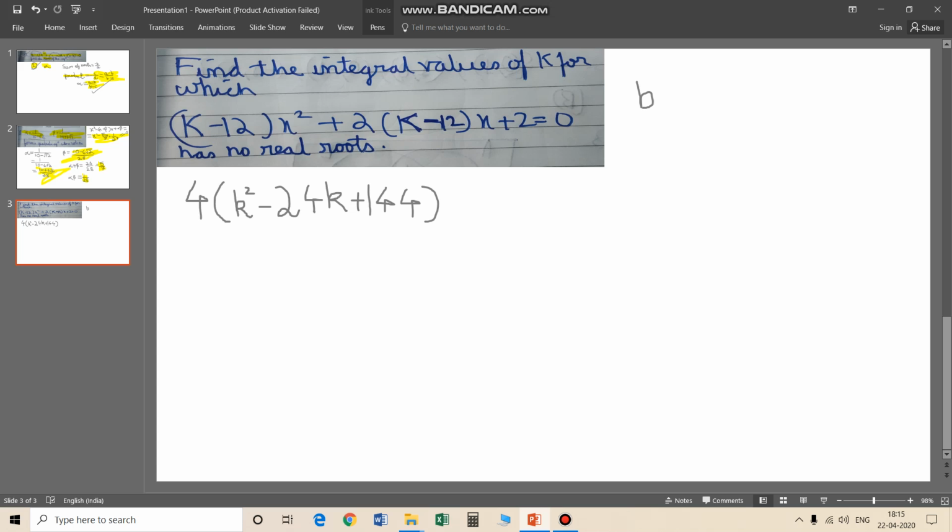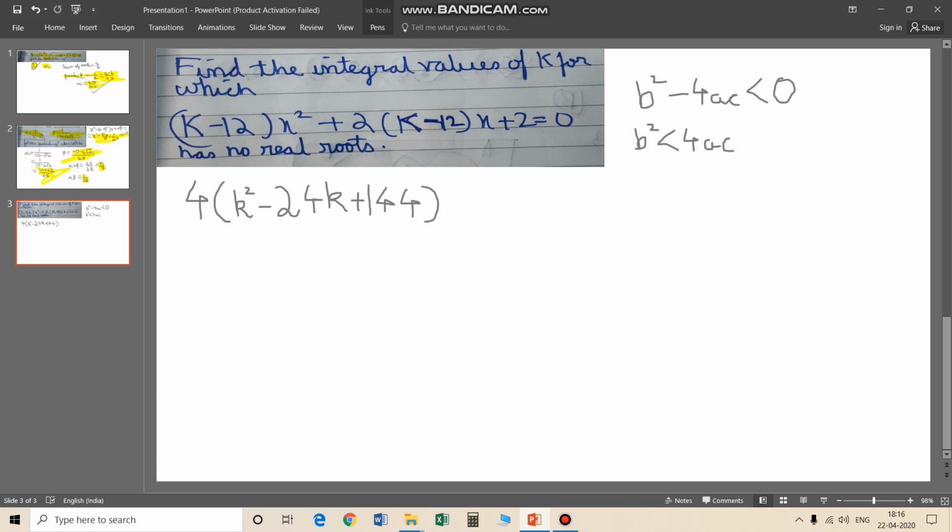B square minus 4ac is less than 0. Right? So b square is less than 4ac.